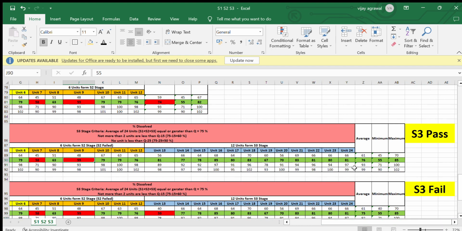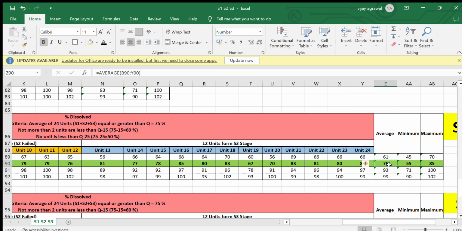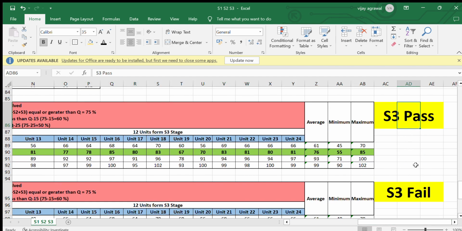And the average is 76%. This one. So average is passing. Average is above 75 Q. It is passing. There is no unit which is below 50%. There are 2 units which are below 60%. So this S3 stage is passing.